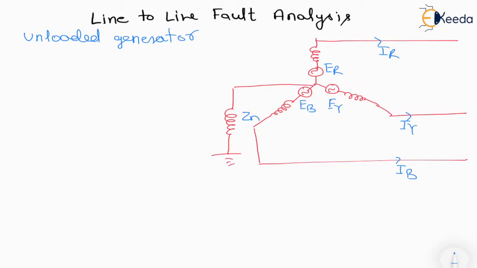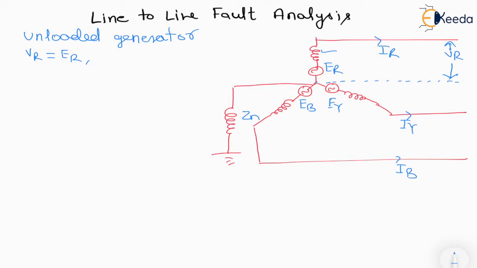If there is no current, the terminal voltage VR will be equal to ER, as you can see from the diagram, because there will be no drop in this impedance. So whatever the value of ER, that will be VR. So now VR is equal to ER and IR is equal to IY is equal to IB is equal to 0, because our generator is at no load.